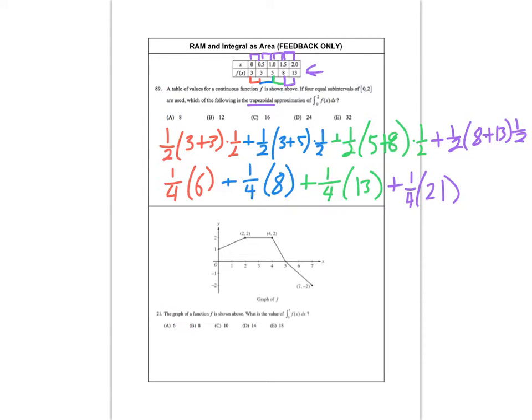I'm also going to do some math-magic because I don't have a calculator in front of me that is charged. And I'm going to factor 1/4 out of this whole shebang. And we get 6 plus 8 plus 13 plus 21. So 6 plus 8 is 14. Then we get to 27. And that takes us to 48. 1/4 of 48 is going to be 12.